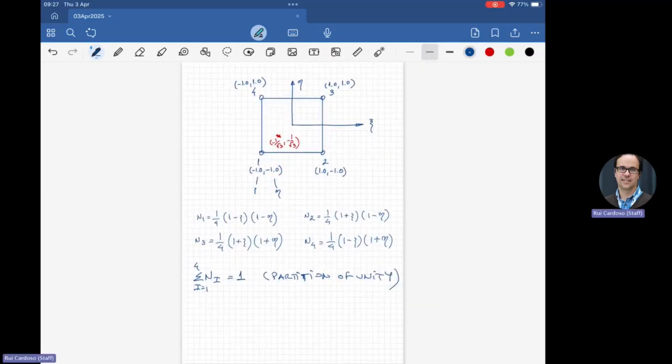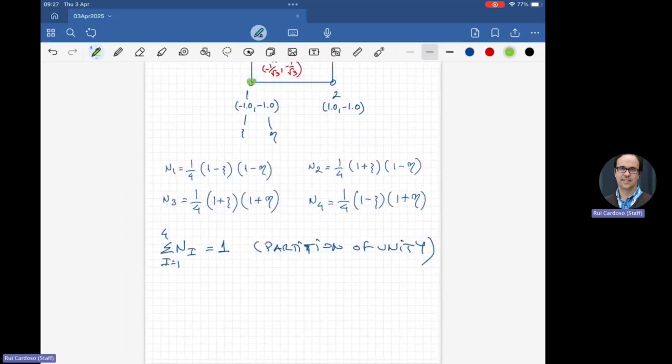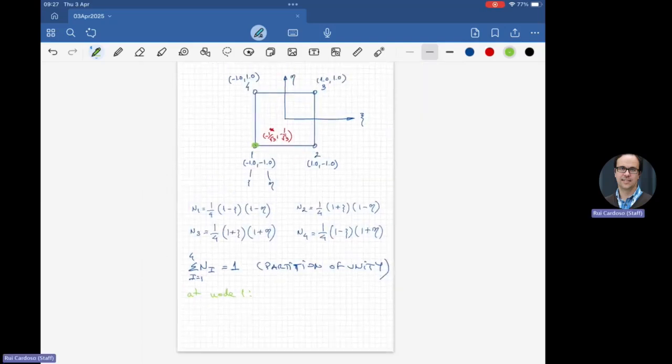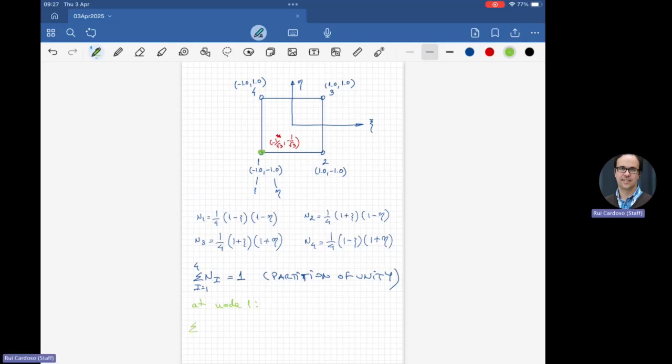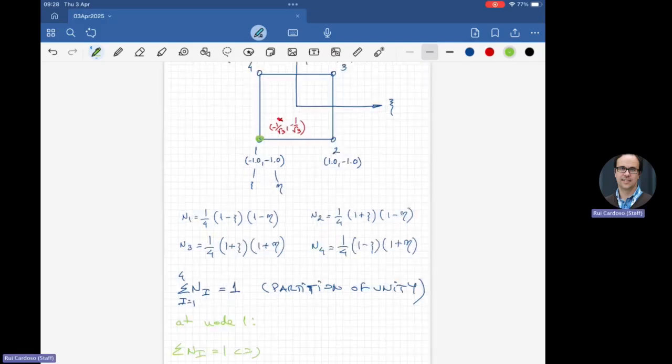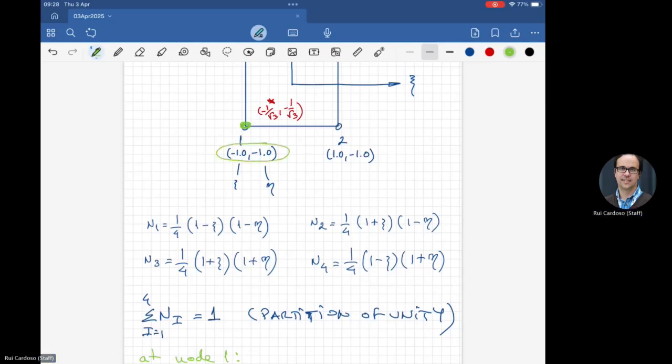For example, let's say instead of this point, I want to calculate the summation of shape functions at node 1. I want to show you that this is equal to 1. So node 1, these are the coordinates here, right? c equals -1, eta equals -1.